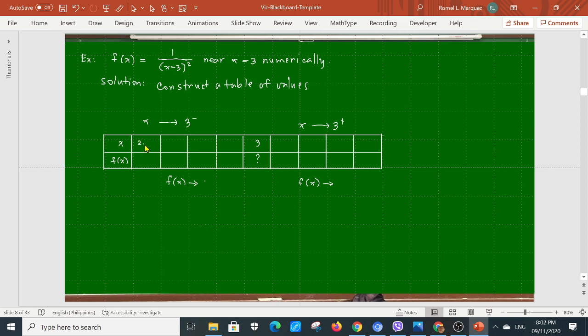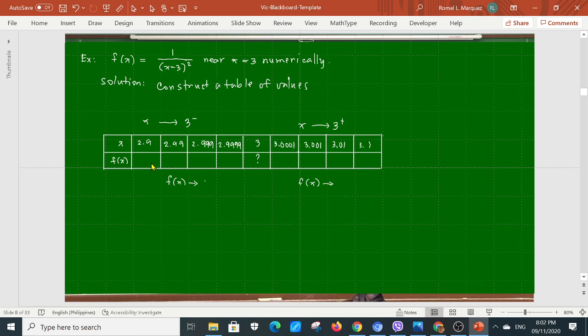Let me start with 2.9, 2.99, 2.999, 2.9999, and the last one, 2.99999. I think this is enough to be close to 3, no? And from the right: 3.1, 3.01, 3.001, 3.0001. Enough, no?